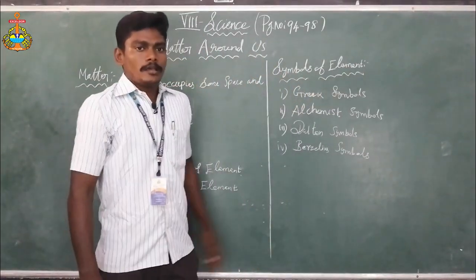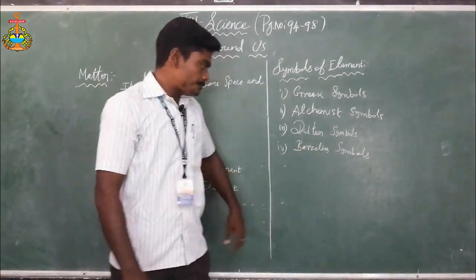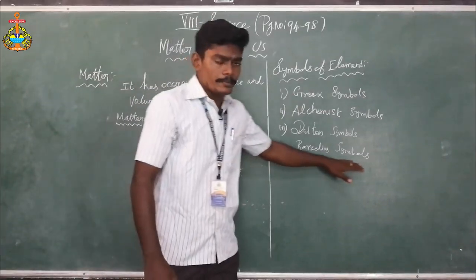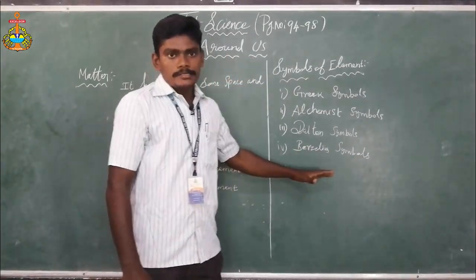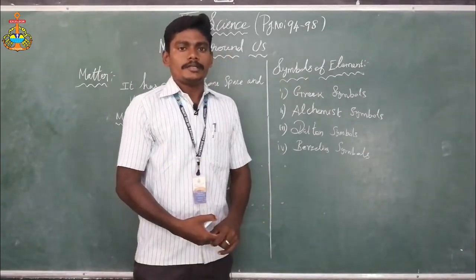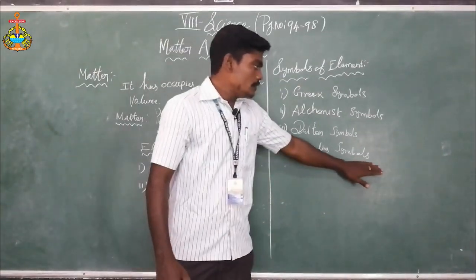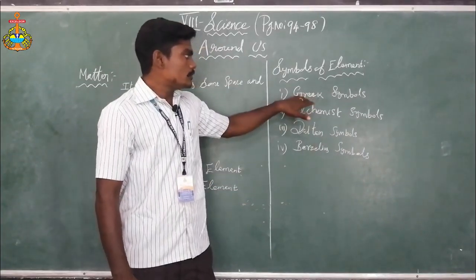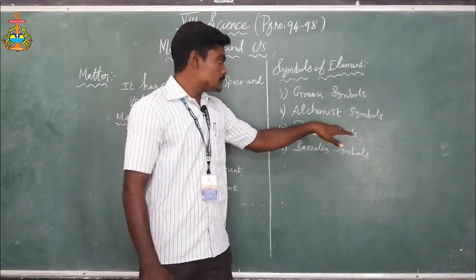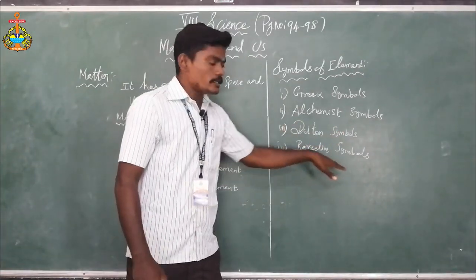Berzelius symbols are the basis of the present symbols in our chemistry world. So Berzelius symbols are denoted in our present symbol formation: Greek symbols, alchemist symbols, Dalton symbols and Berzelius symbols.